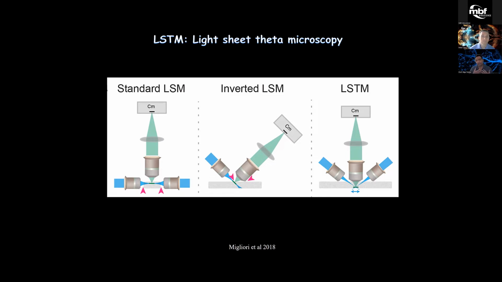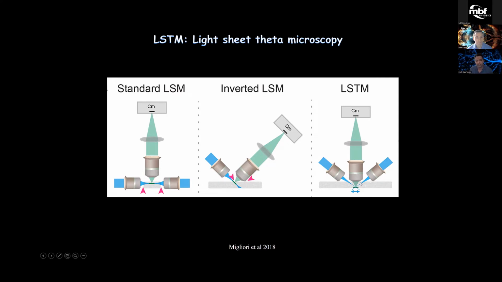So it preserves the speed of light sheet microscopy. Most light sheet systems use a scanned beam, a scanned light sheet, which is essentially a line beam going up and down fast. So it provides similar imaging speed. We're still doing detection perpendicular to the sample surface. We are removing the limitations on the sample dimensions, at least in the lateral dimensions.